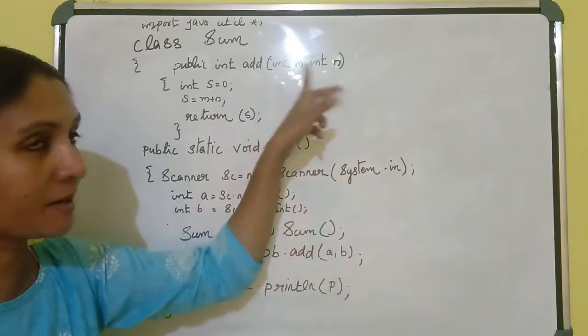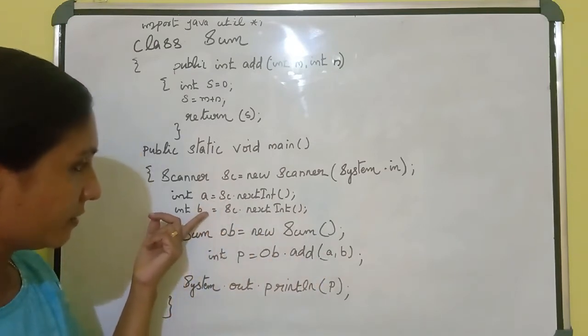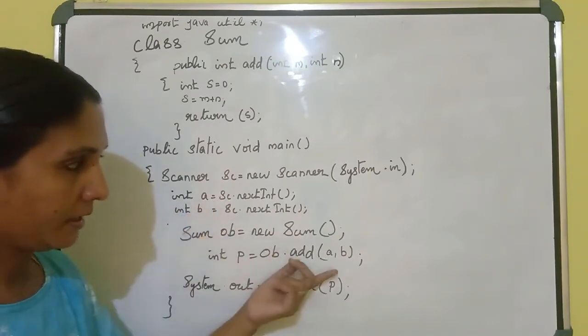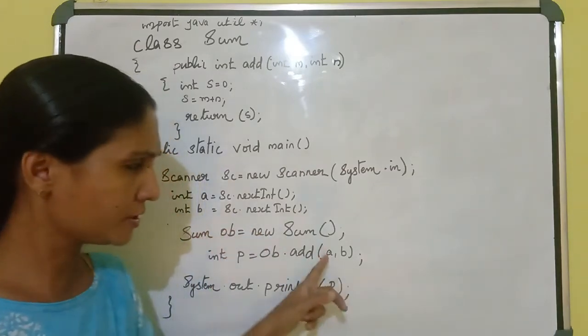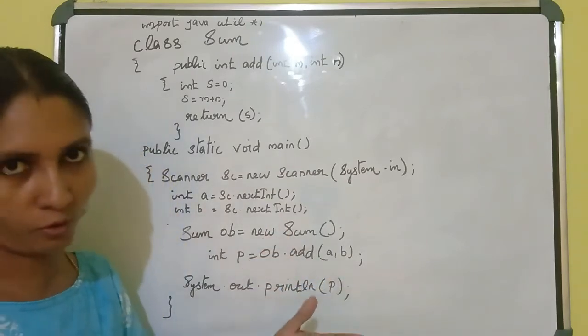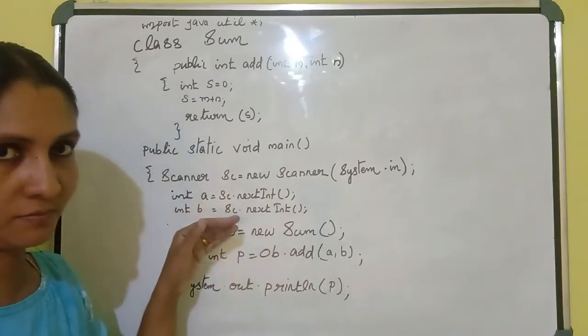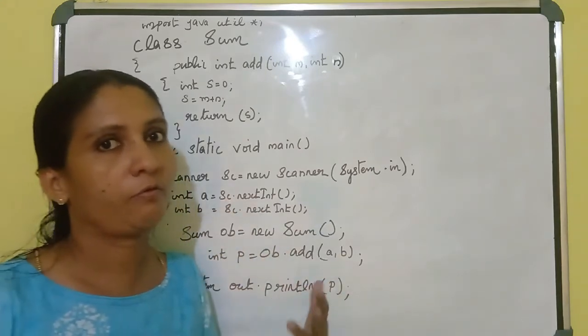Instead of int m and int n, we have to give the values. We read A and B, so we can give those. Don't give the data types here, just give the values A comma B. Directly you can also give 2, 4 like that instead, or 5, 10.